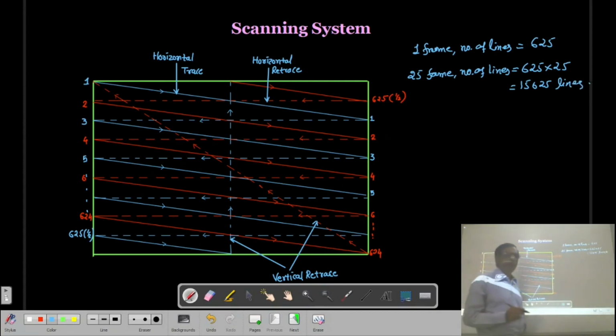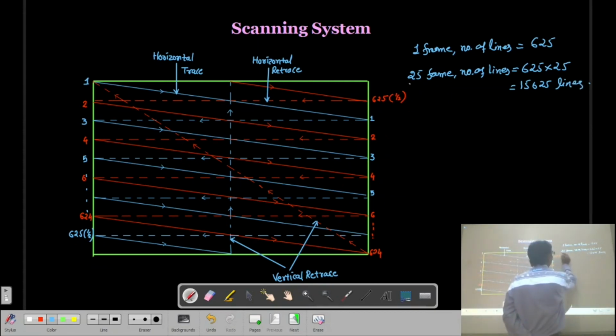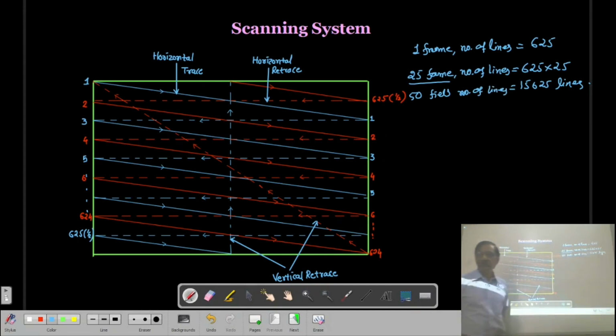Instead of 25 frames, you can also say that in 50 fields, the number of lines is 15,625.